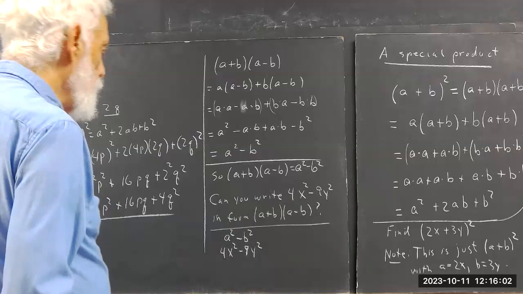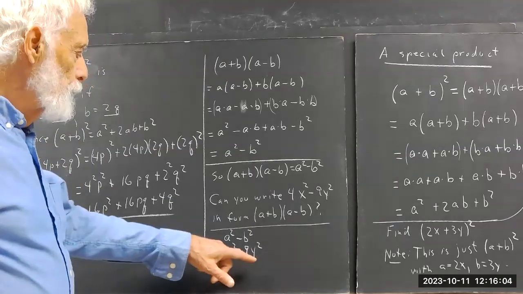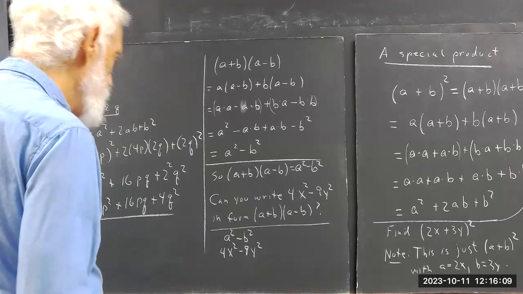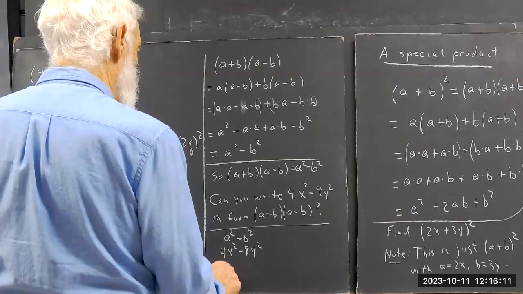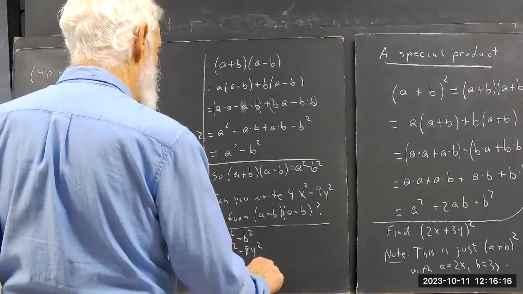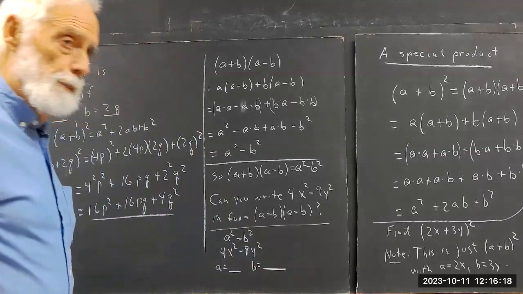All right, a squared minus b squared here, 4x squared minus 9y squared here. Okay. If this is in the form of this, what does a equal? And what does b equal?